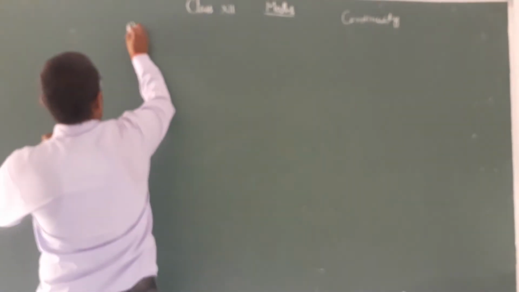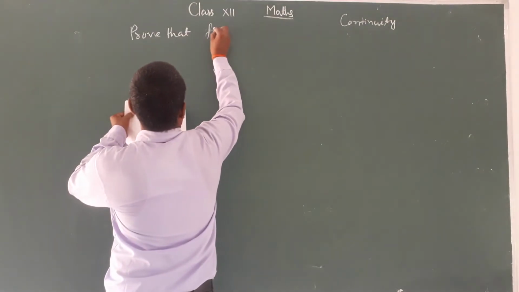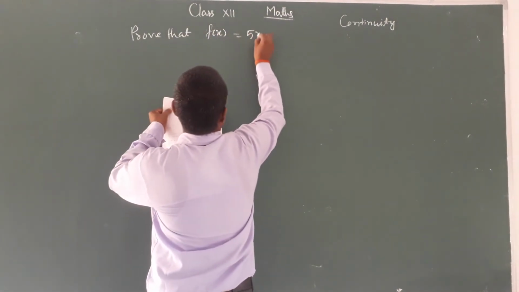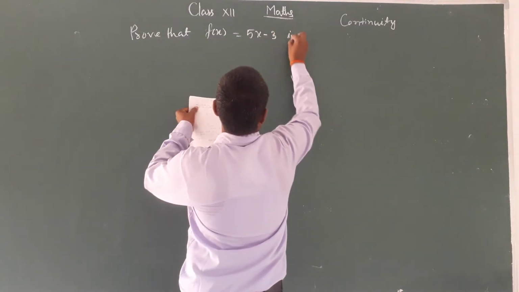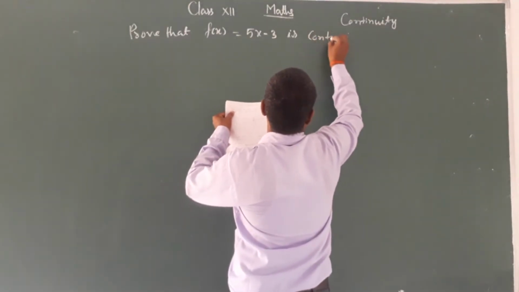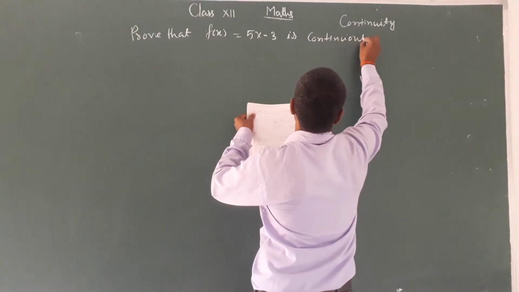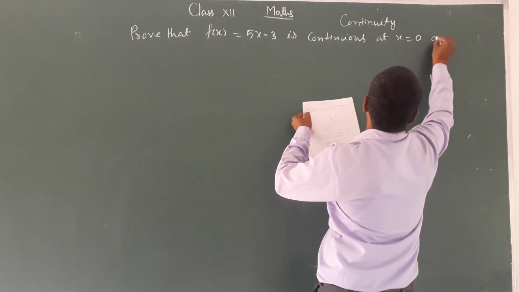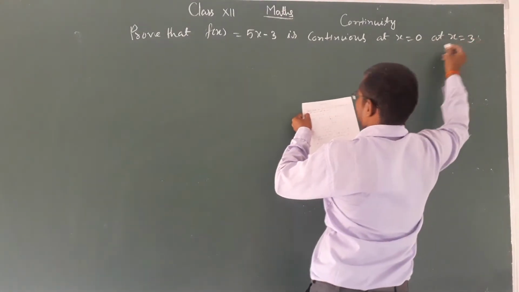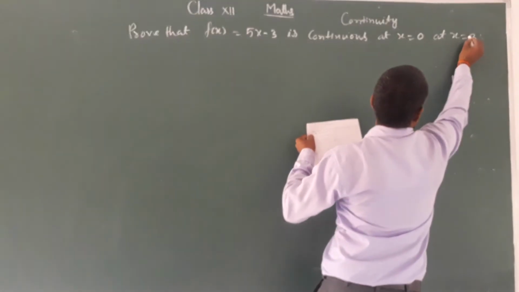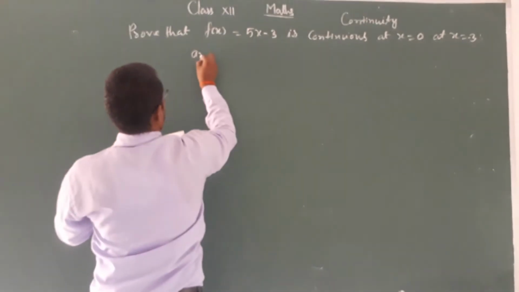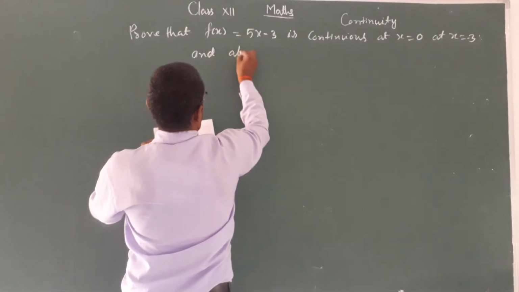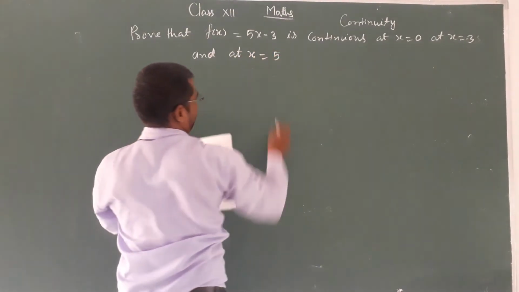Prove that the function f(x) equal to 5x minus 3 is continuous at x equal to 0, at x equal to minus 3, and also at x equal to 5.